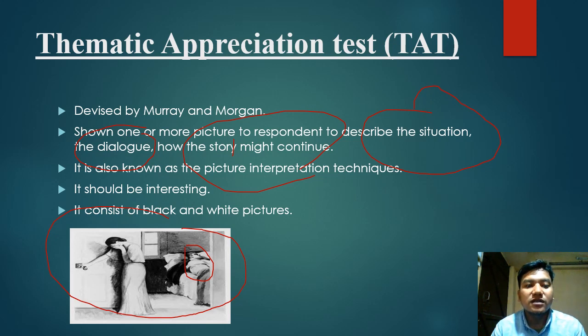Some of the respondents might say the girl is sad and crying because the husband looks drunk and is sleeping on the bed. As the wife of this man doesn't like that her husband is drunk, that's why she seems to be crying.